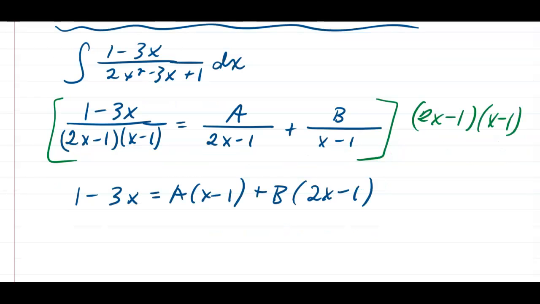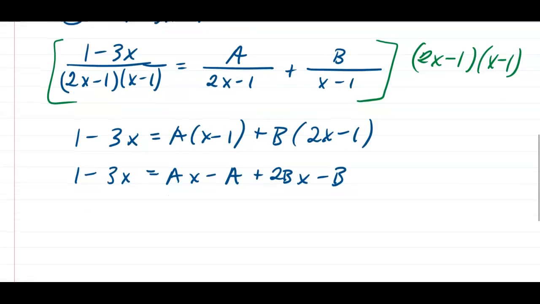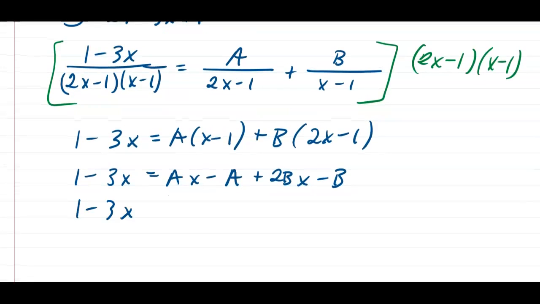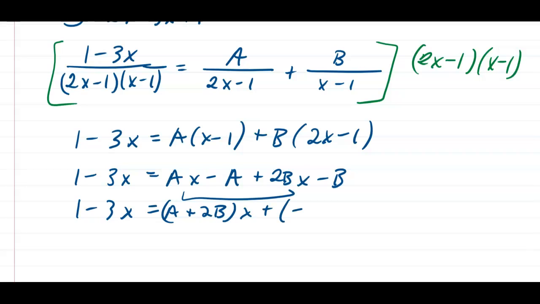As we go along here, we're going to do a little distribution, and we'll get ax minus a, and we'll get 2bx minus b. And then we'll bring the x's together. We'll get (a plus 2b) times x, plus negative a minus b, like that.